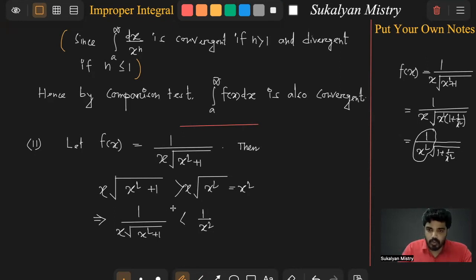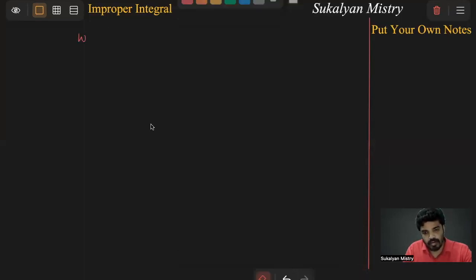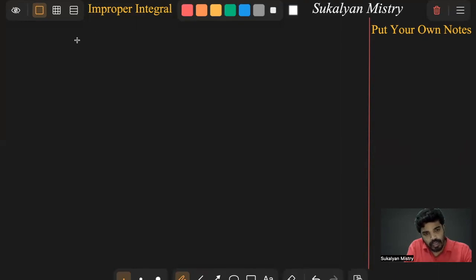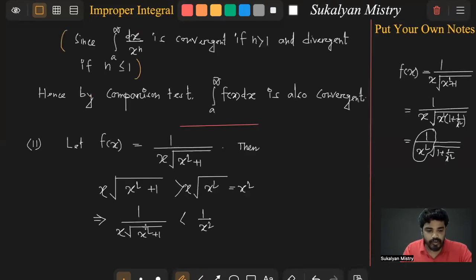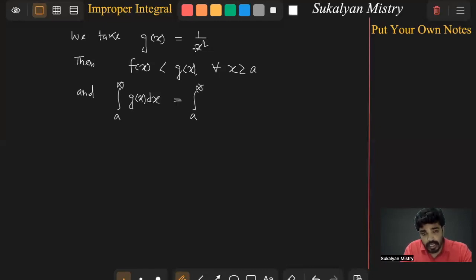Okay, so we take g(x) is equal to 1/x². So we see that f(x) is less than g(x) for all x greater than or equal to a, and integration a to infinity g(x) dx, that is integration a to infinity dx by x², since g(x) is 1/x².